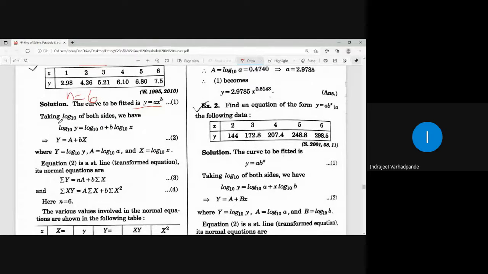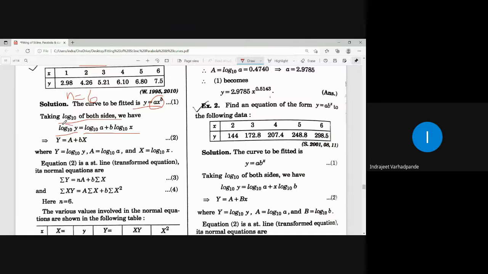So taking log of both the sides will give you log of small y to the base 10 is equal to log to the base 10 of a x to the power b. But log mn is log m plus log n, and it gives you log of a to the base 10 plus b into log of x to the base 10.